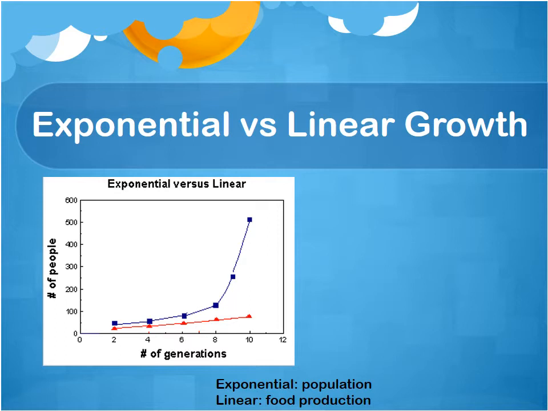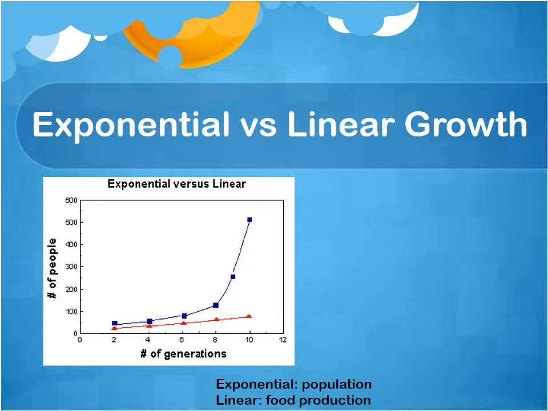Let's say they have 2 children. So the first generation produces 2, but each of these 2 is able to produce 2 more. Then you start having an accelerated growth curve, which is the blue curve on the left. That's referred to as exponential, and that is referred to population.